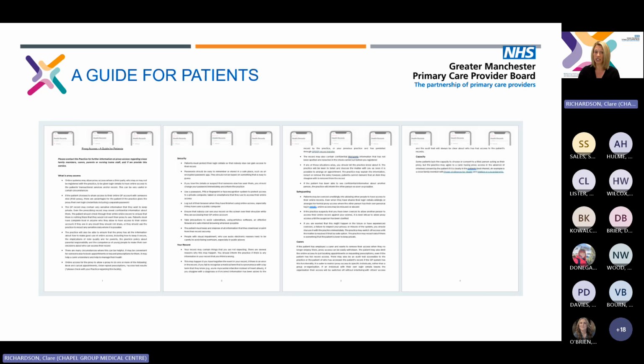There's also an information leaflet. It's four sides, all A4, and it goes into what proxy access is, how to make an informed decision, and that they don't have to do this. It's a lot of information on there for the patient.